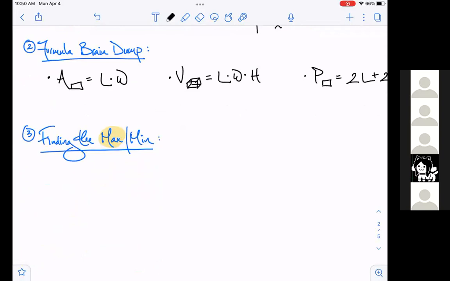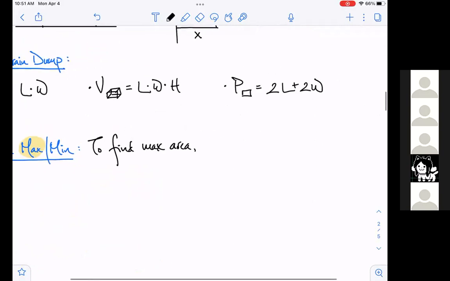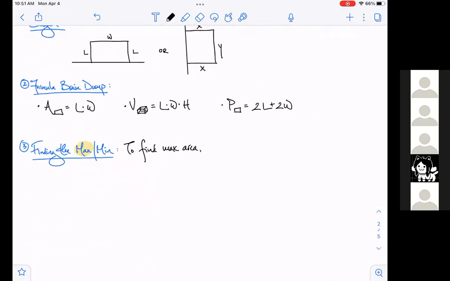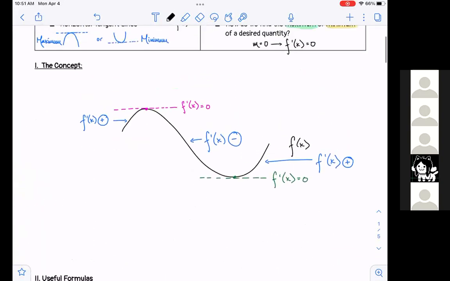So in general, if we want to find the maximum area, okay, in our heads, we're like, maximum area means the top of a bump on a graph. And if we sort of rewind a little bit, that's like saying, we want to find out where this pink point is, right? We want to find out where that pink point is. How do we find that?